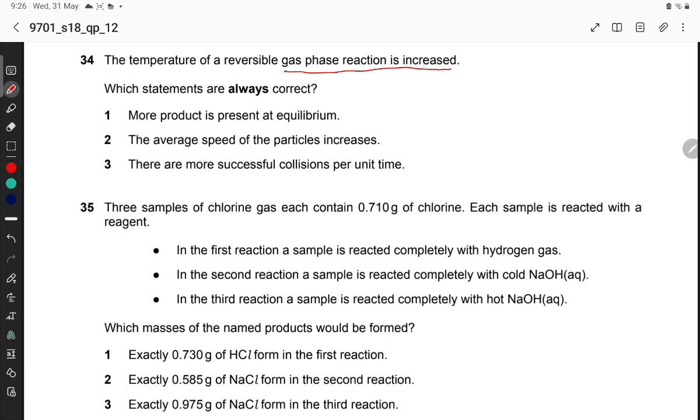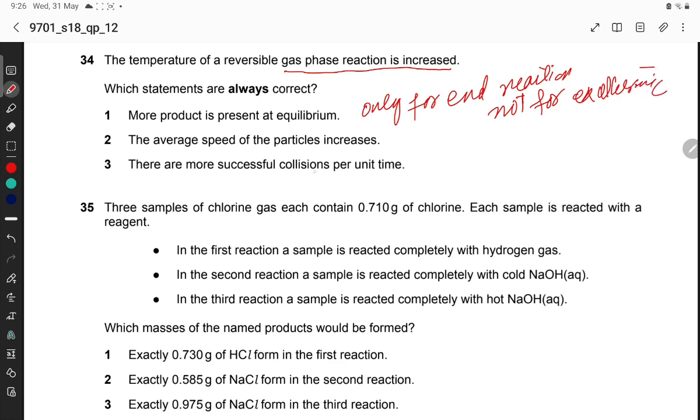So this is correct only for an endothermic reaction, not for an exothermic reaction.